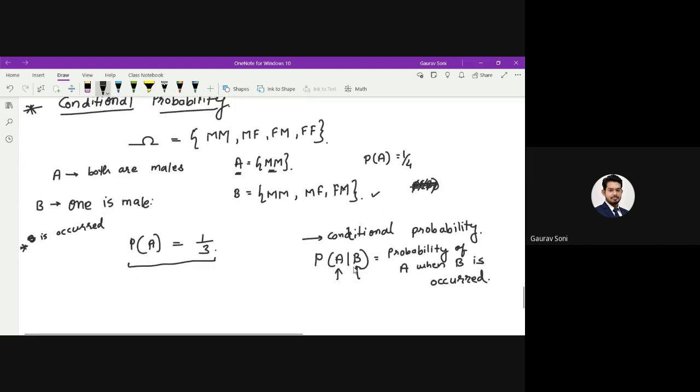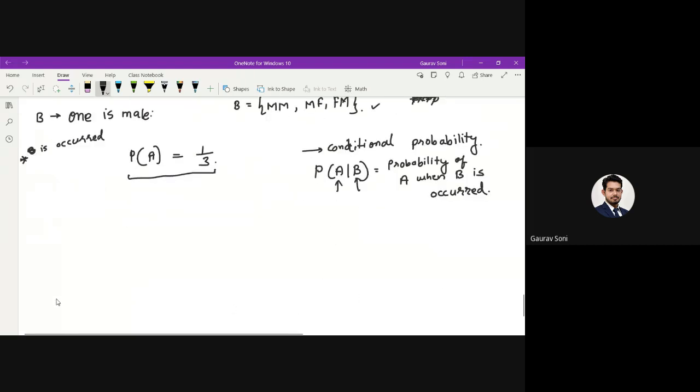Okay, so this completes the idea of conditional probability. Now we will find out the formula. If I am looking at probability of A, how do you find it? Probability of A is the number of elements in A upon the number of elements in the sample space. This is our regular formula. Now what I'm looking at is probability of A given B, which means probability of A when B has occurred. What could be the formula?